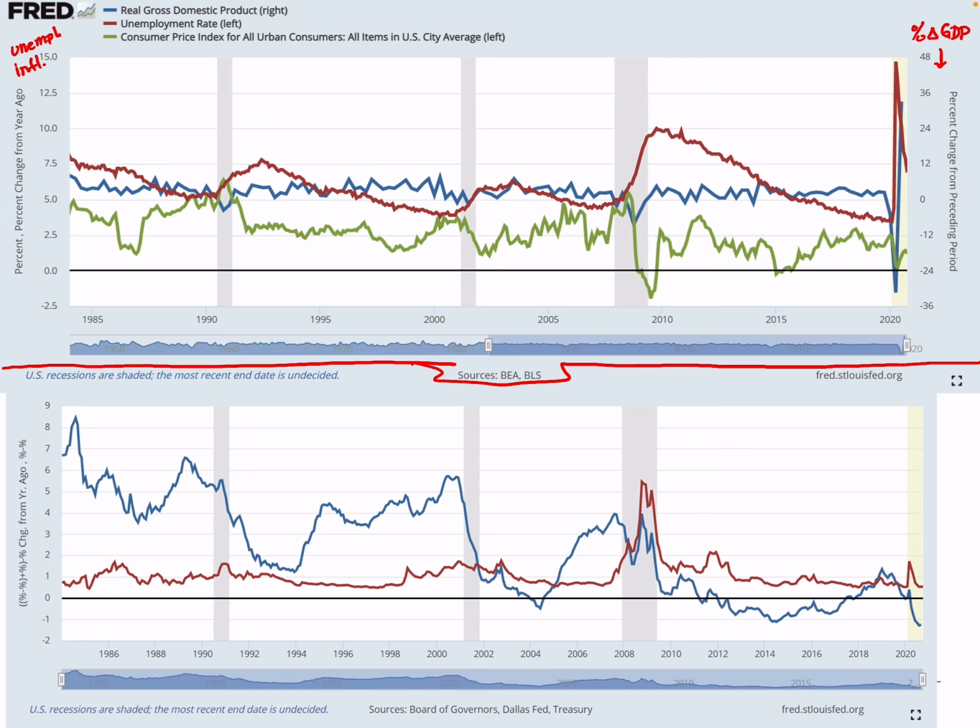And then here again, same thing. Red is nominal risk premium. Blue is janky approximation of the real interest rate.